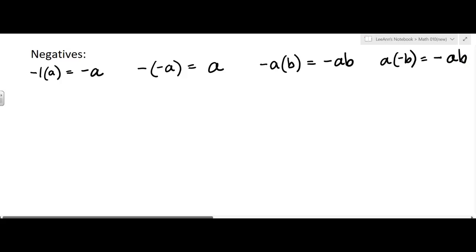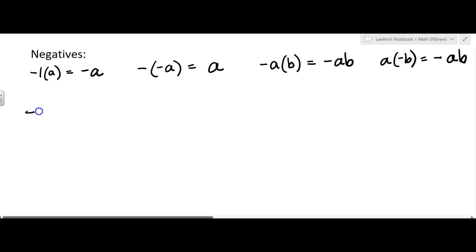So it doesn't matter which one's negative, you just multiply the two numbers and then you take the sign that's appropriate. Okay, and in this case, if a and b are positive, then you'd have a times a negative b, so a positive times a negative would be negative. Okay, I'm not going to talk anymore about that because it has to do with the values of a and b.